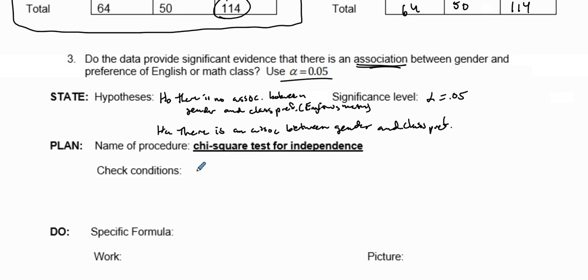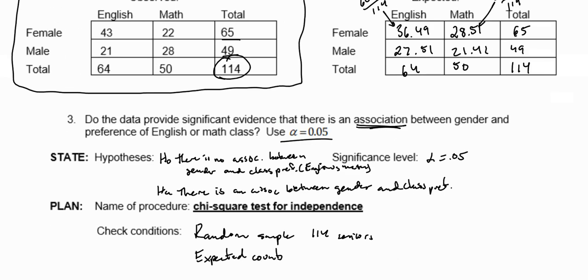We're going to check for conditions. Was there a random sample? Yes, there was a random sample of 114 seniors. So we got that. We can see that our expected counts are right there.